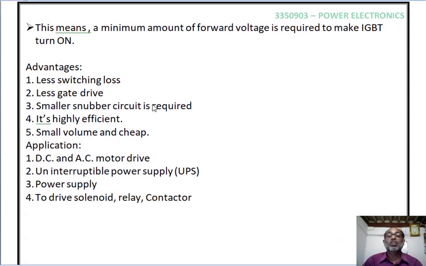Now, what are the advantages? First, less switching loss. Second, less gate drive; its gate drive is very simple.